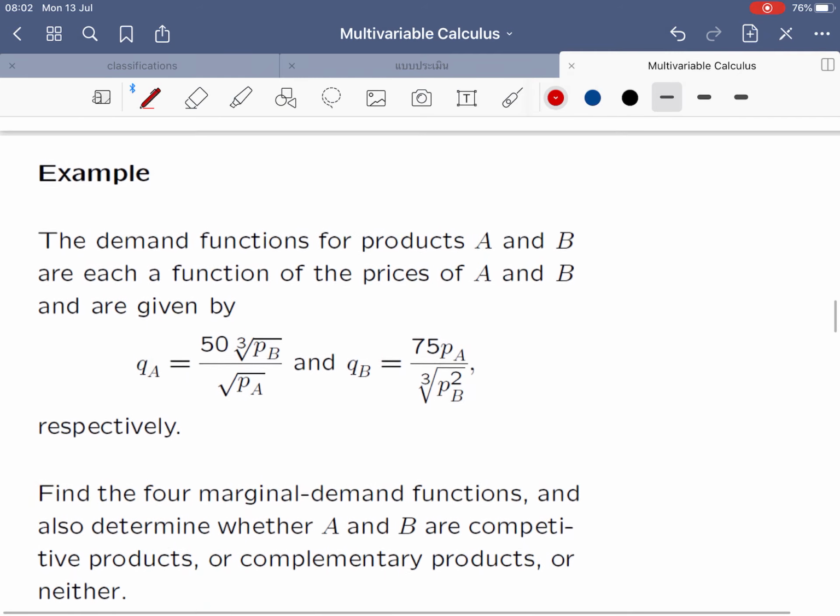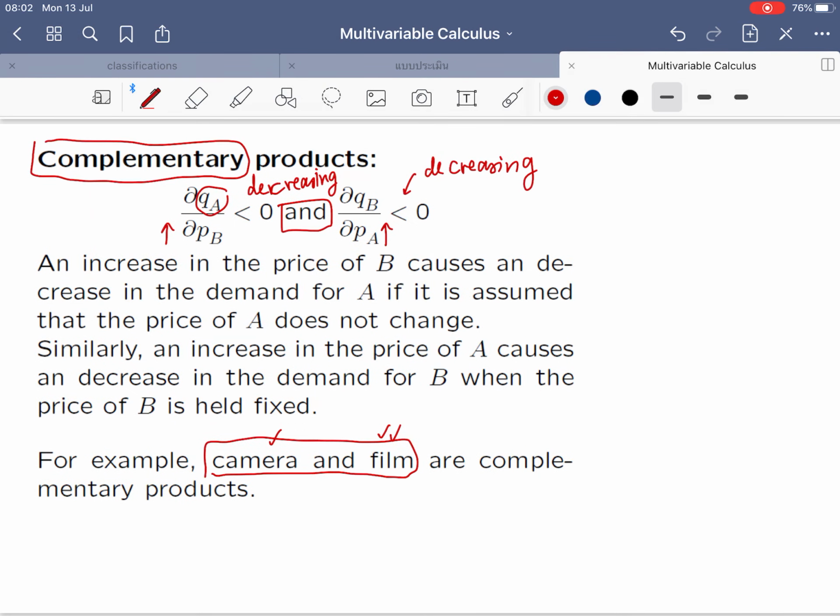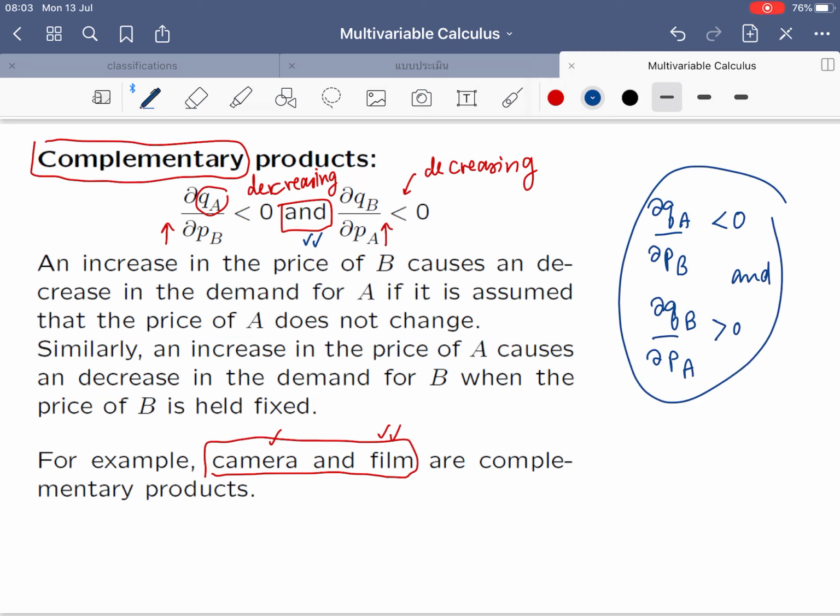So let's see some examples. Of course, they have to be in both directions. If it is the other way around, for example, if your QA with respect to PB is decreasing, and your QB with respect to the price of A is increasing like this, then it means that your A and your B have no relation.